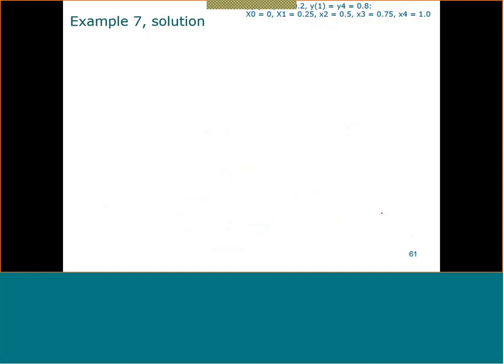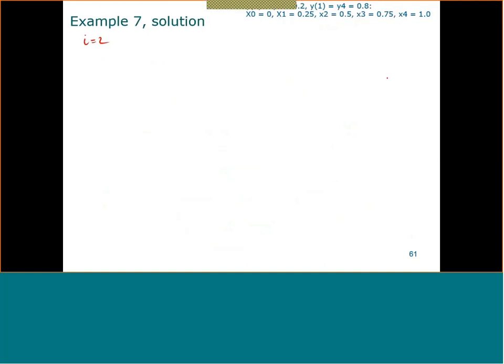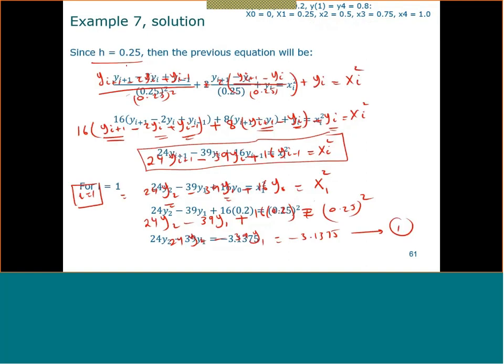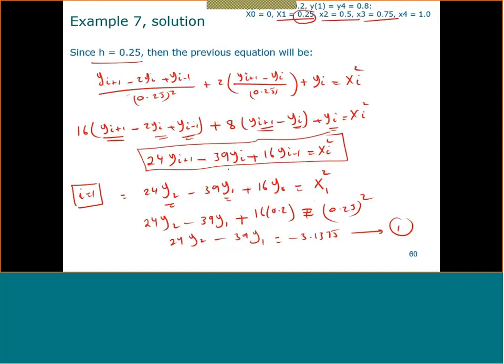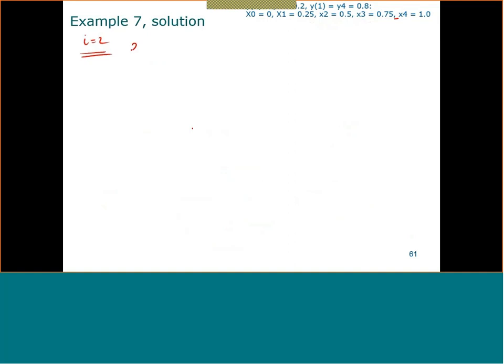Now let's find the second linear equation. Remember, i equal to 1, 2, and 3. If there are any questions here. Yes, we know x1. Okay, let's move on. If I use i equal to 2, I will substitute in this equation: 2 plus 1, 2, 2 minus 1, and so on. I'm just collecting terms right away.